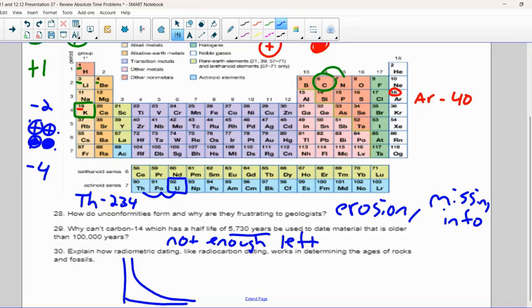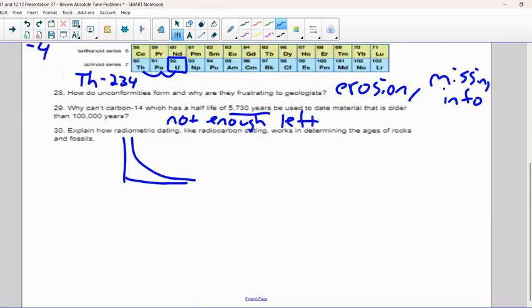Okay, and then explain how radiometric dating, like radiocarbon dating, works in determining the ages of rocks and fossils. So using my terrible graph over here again, so if that's the decay of the radiometric isotope. If you start with 100% and it goes down to 0, if you know what percent of it is remaining, you can use mass spectroscopy to determine how much of the isotope is left.